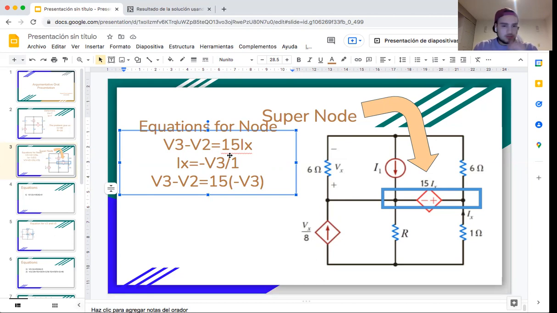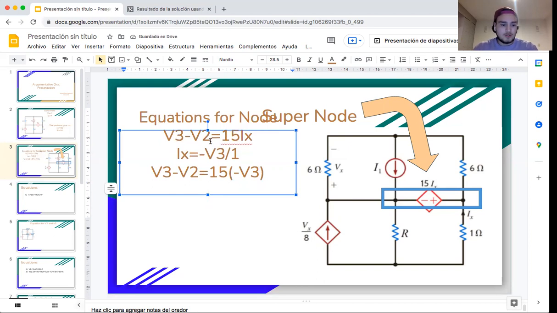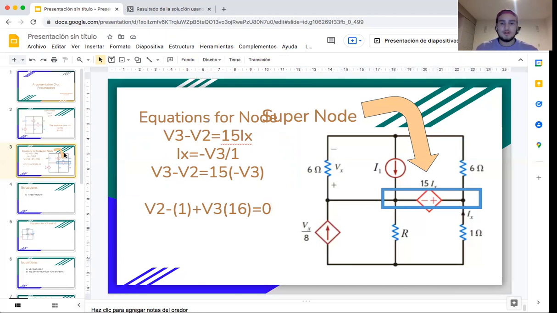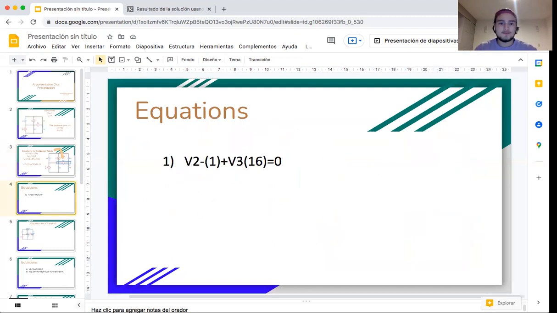And so simplifying this, we have our first equation, that is V2 minus 1 plus V3 times 16 equals 0. So this is our first equation, the first important equation that we are going to use for solving this problem. I'm just going to check if it's good. Yes, it is good.